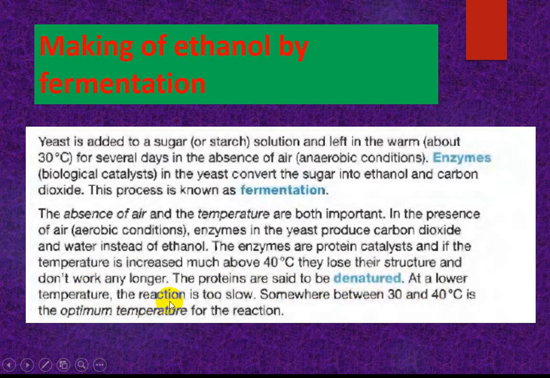At lower temperatures the reaction is too slow. If we take 20 degrees, the reaction will be too slow. Somewhere between 30 and 40 is the optimum temperature. Above 40 the enzyme will die, and below 30 the reaction will be slow.